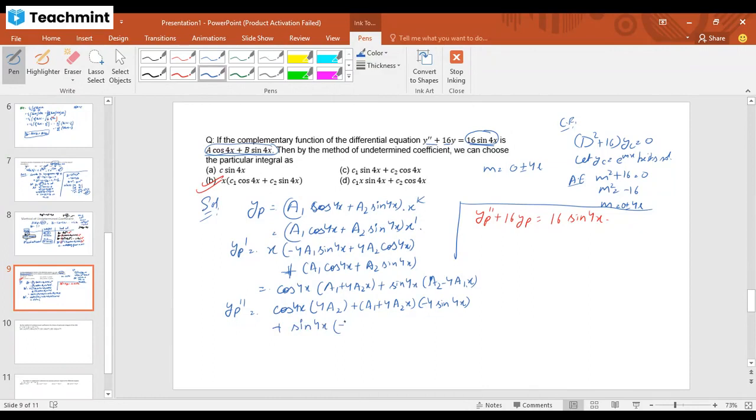Derivative is minus 4a1, and a2 minus 4a1x as it is. Derivative of sin 4x is 4 cos 4x.